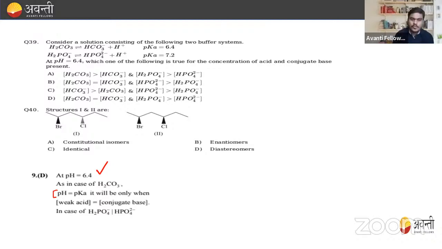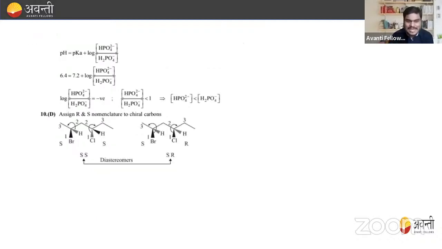Now in case of H2PO4 negative, we know it behaves like this. We know the formula, pH is equal to pK plus log of base by acid. We know pH is equal to 6.4, pK is equal to 7.2, so just calculate the value. This comes out to be 6.4 minus 7.2, which is negative, so the ratio is less than 1.